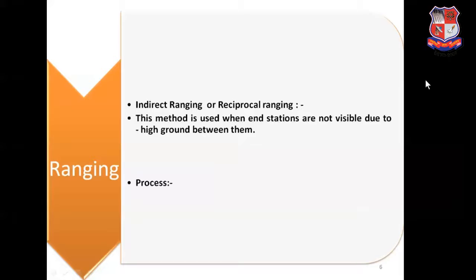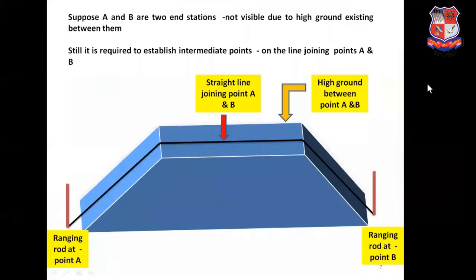So let us see how the indirect ranging process is performed in the field. We will see the step-by-step process graphically. You can see in the figure, A and B are the two end stations which are not intervisible due to the high ground existing between them.